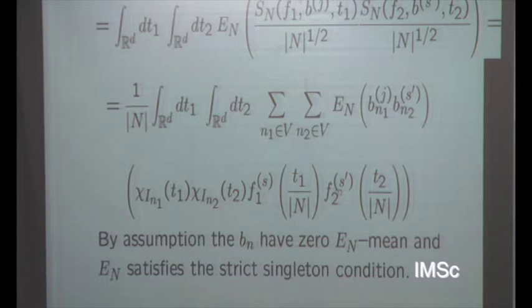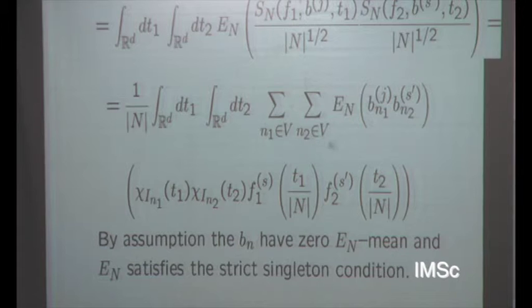Now you see, now we use the singleton condition at the algebraic level. The singleton condition will be crucial because when n1 is different from n2, they are both singletons. So they give 0 contribution because they have mean 0 by assumption.